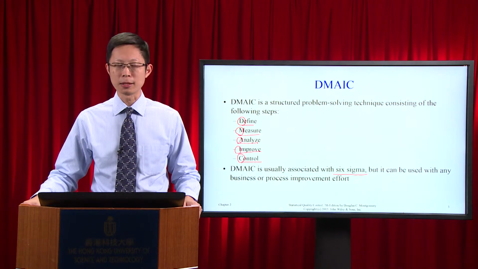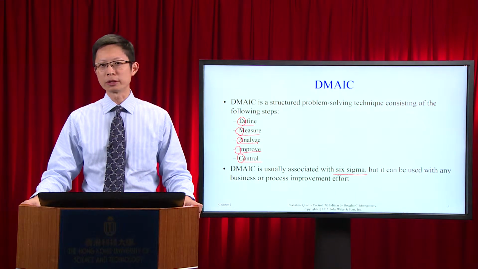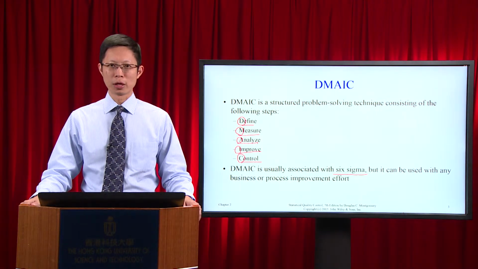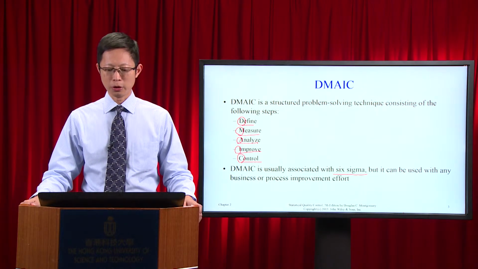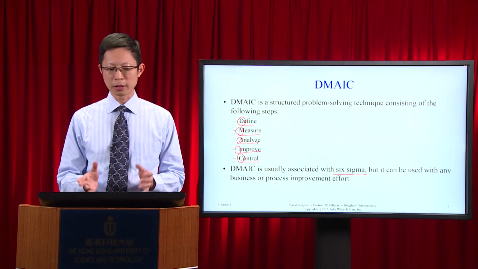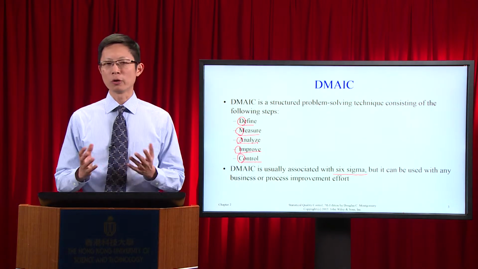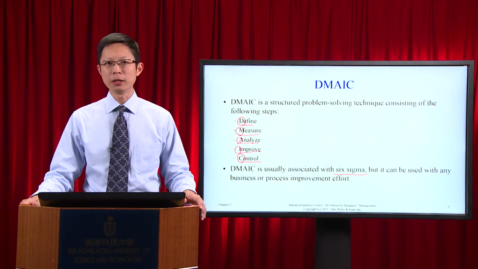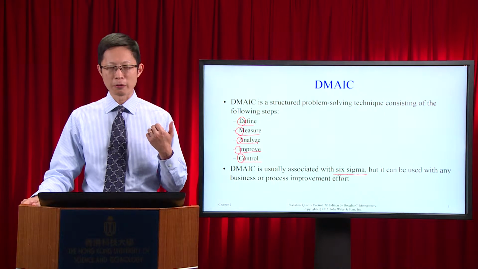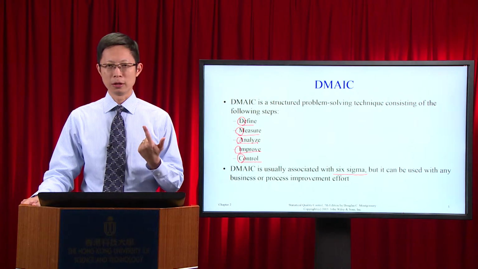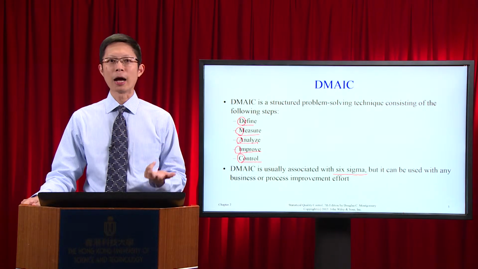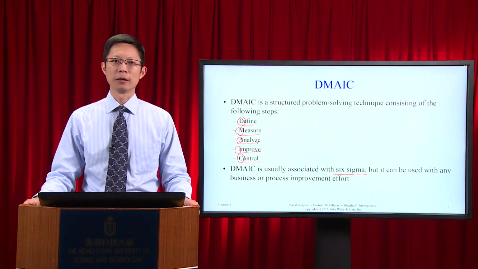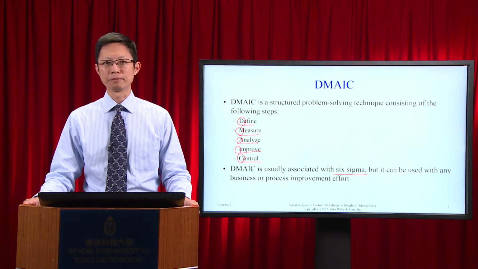We call it DMAIC. And then two years later, in 1997, Citibank learned from Motorola and General Electric, and used these quality and problem-solving techniques in their company. After that, different kinds of industry, especially starting from the financial sector, insurance, and other non-manufacturing service industries, followed these techniques and used them to different extents.